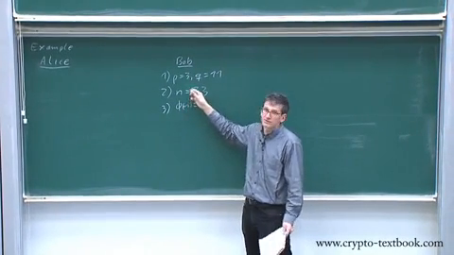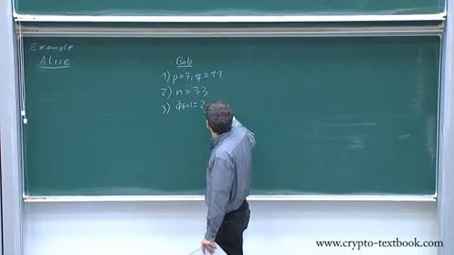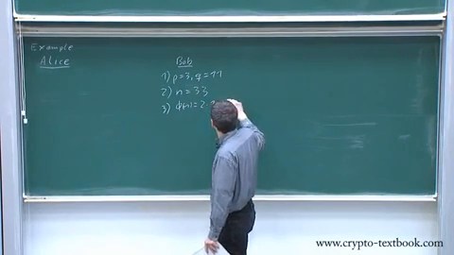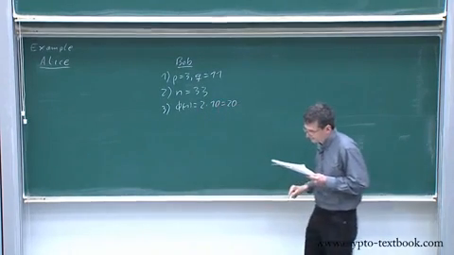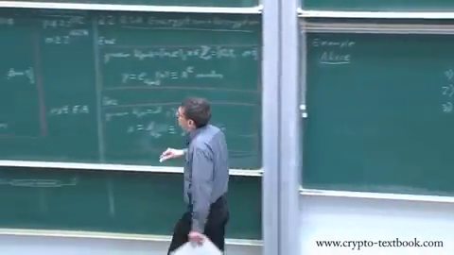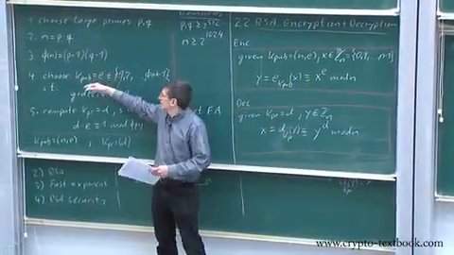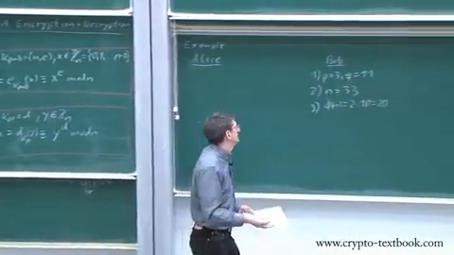It's 20, right? 3 minus 1 is 2, 11 minus 1 is 10, so 2 times 10 is 20. So we're done with step number 3. Step number 4 is choosing a public key, and I choose a small public key here.